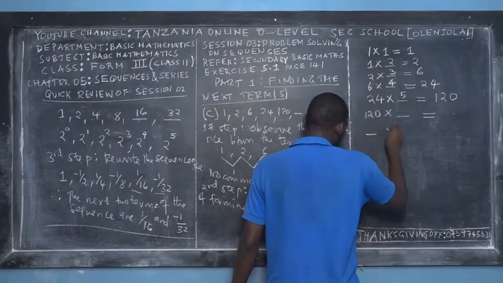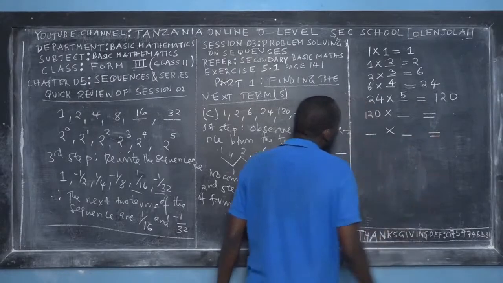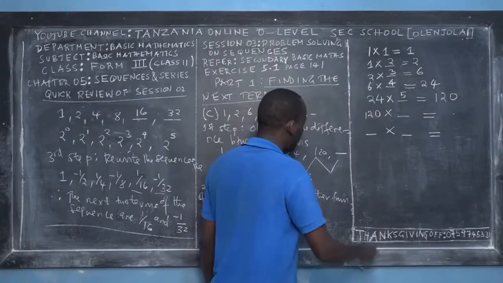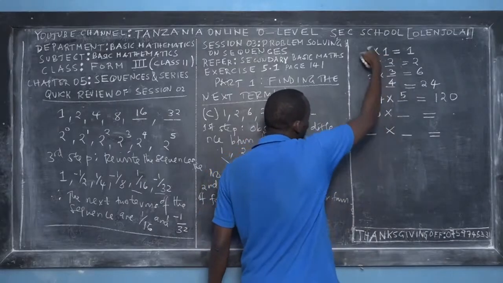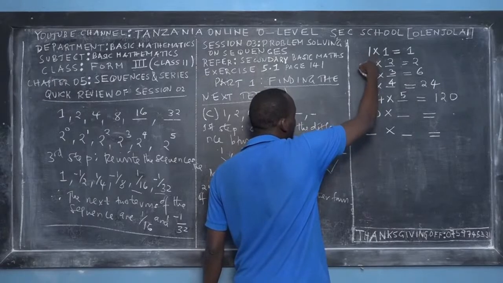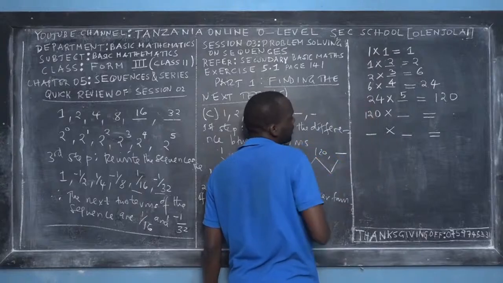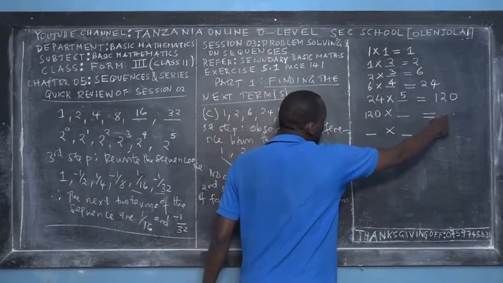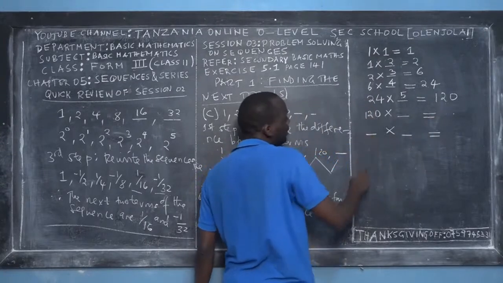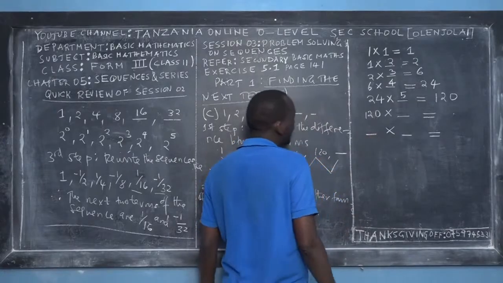We have to think, what should we multiply with in order to get the sixth term? So we have to analyze this sequence because these are the terms. First term, second, third, fourth, fifth. So even the answer of this, it means that the fifth term will be the multiplier for this case. So it means that we have to analyze.